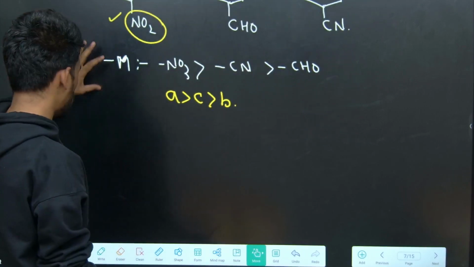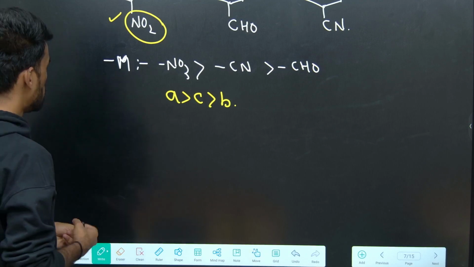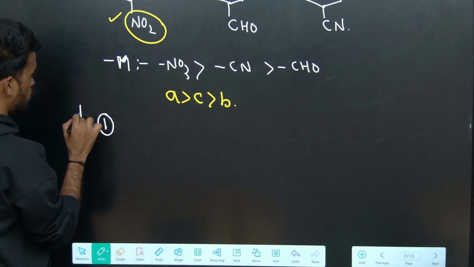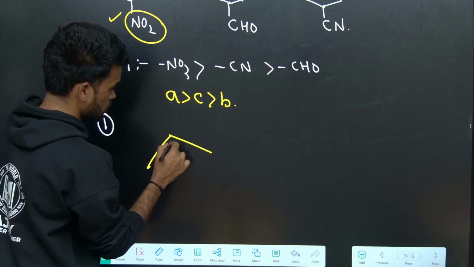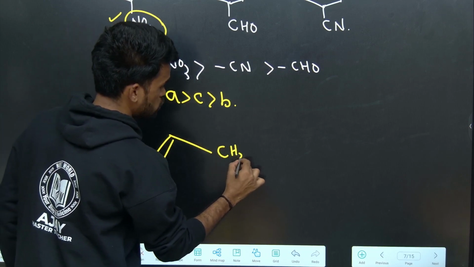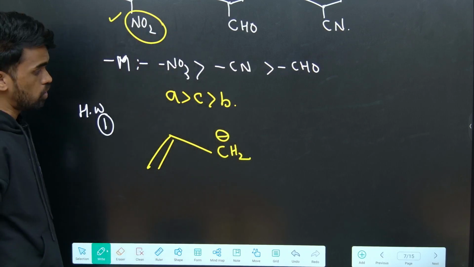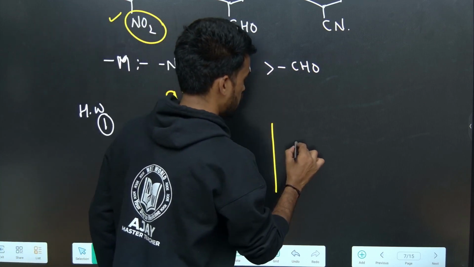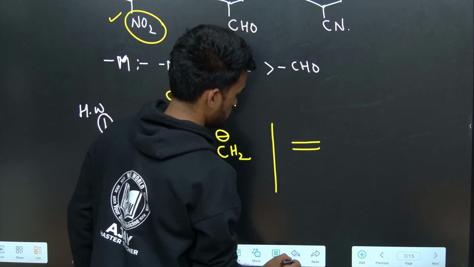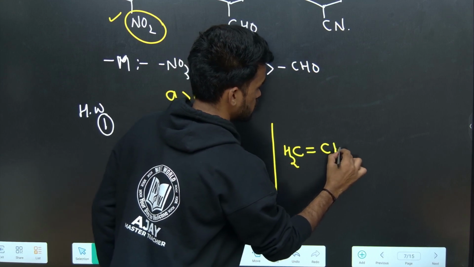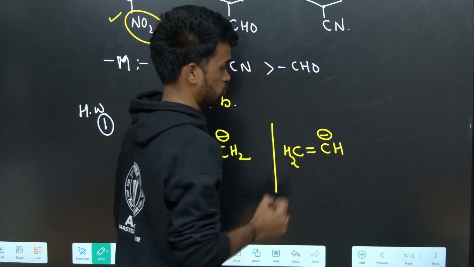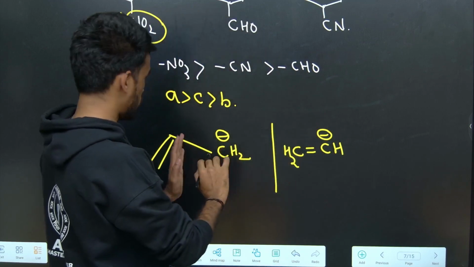So I just wanted to give one question as homework here. Homework question number 1 you can consider. Here I am writing CH2 negative, and here I am writing CH2 CH negative. I just want to give them separately first.